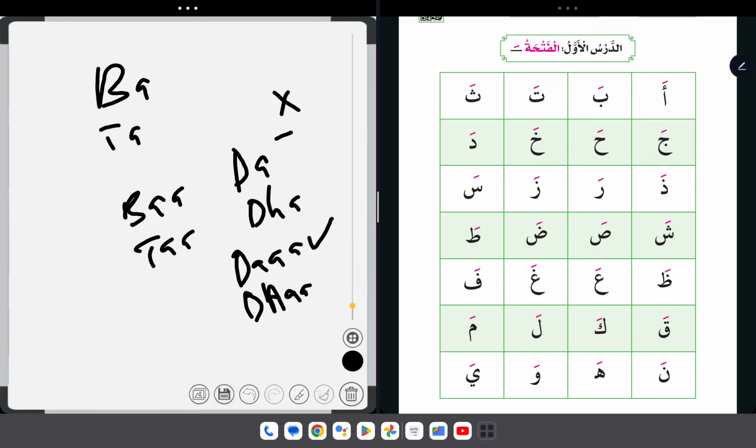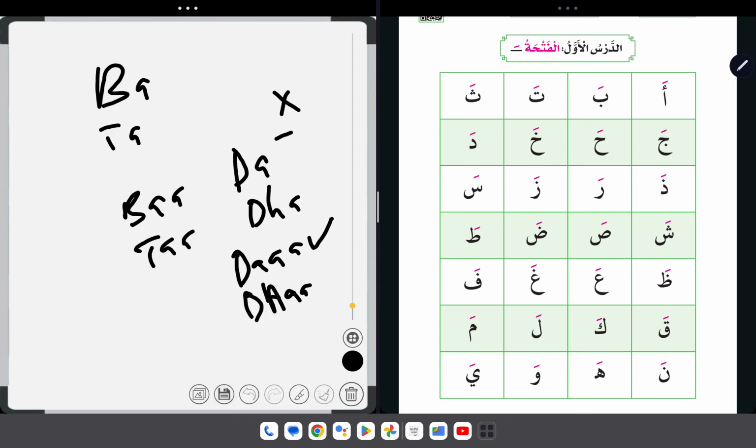Now, so the letter zal, when it has fatha, becomes what? The. Ra, the letter becomes, when it has fatha, it becomes ra. So the letter zai, when it has fatha, becomes za, za. The letter sin, when it has fatha, becomes sa, sa. This is za, sa.